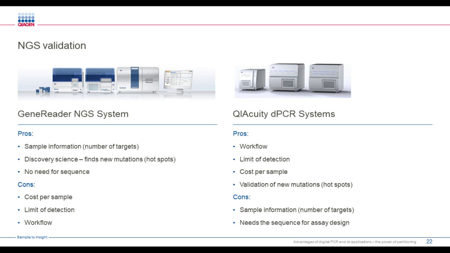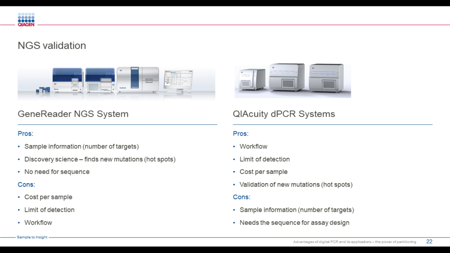But when you have the QIAcuity systems or digital PCR, you can go down to, as I said in the previous slide, 0.1, 0.001, and even further. So you're not limited in how low you can go. As you just heard, how low you can go depends on how much DNA you have. But digital PCR is also more cost efficient than next generation sequencing.